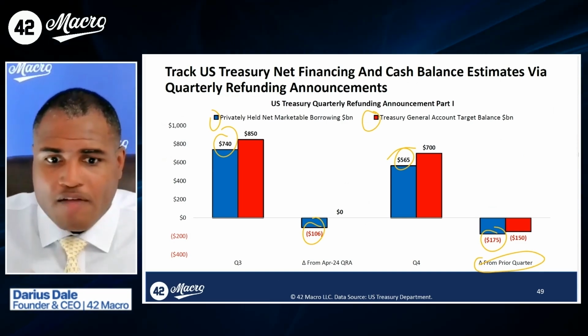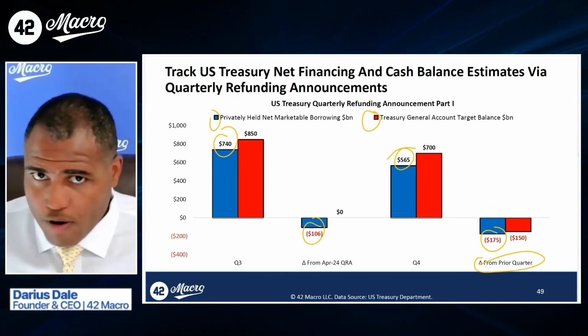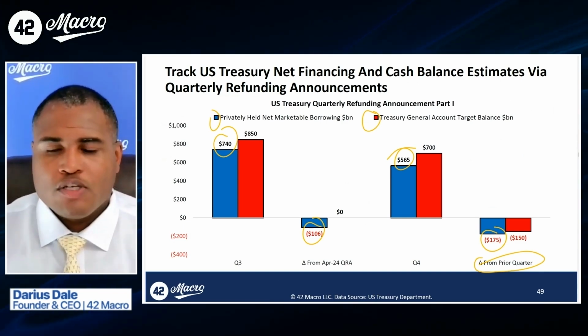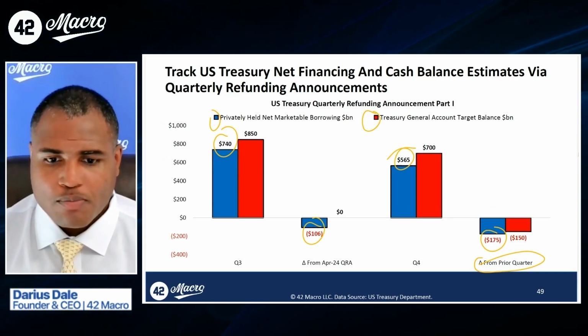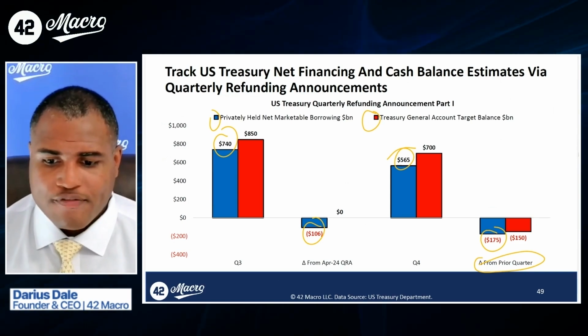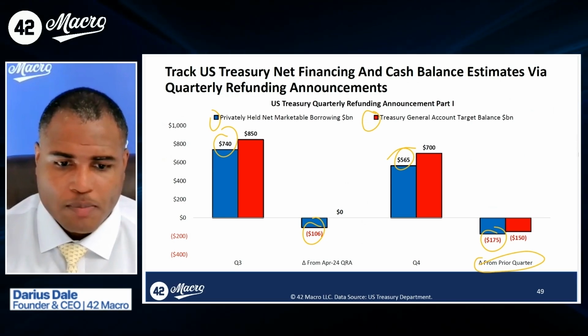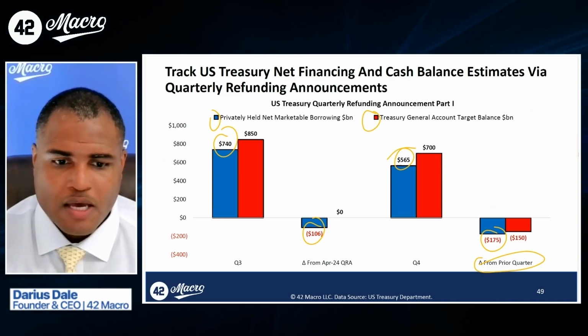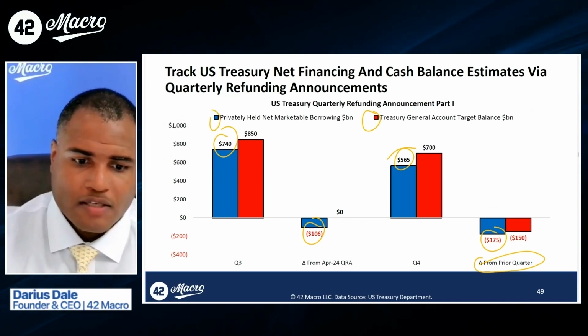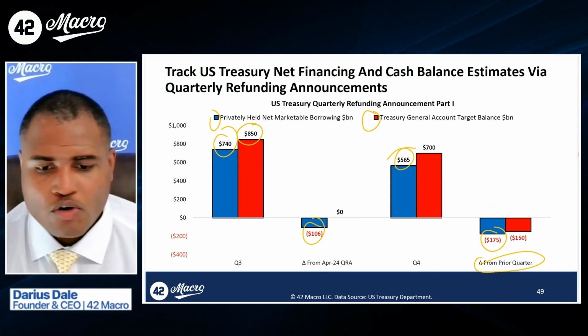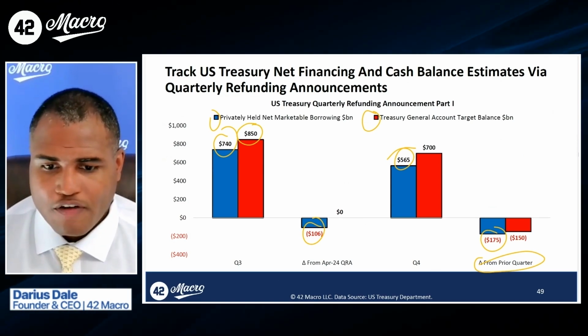That means the amount of net borrowing, not gross borrowing, that the U.S. Treasury is pushing onto the private sector is declining by $175 billion in Q4. So that's generally positive. We'll talk about why sometimes it may not be. But if we go to the Treasury General Account balance, the end of Q3 balance estimate is currently $850 billion.